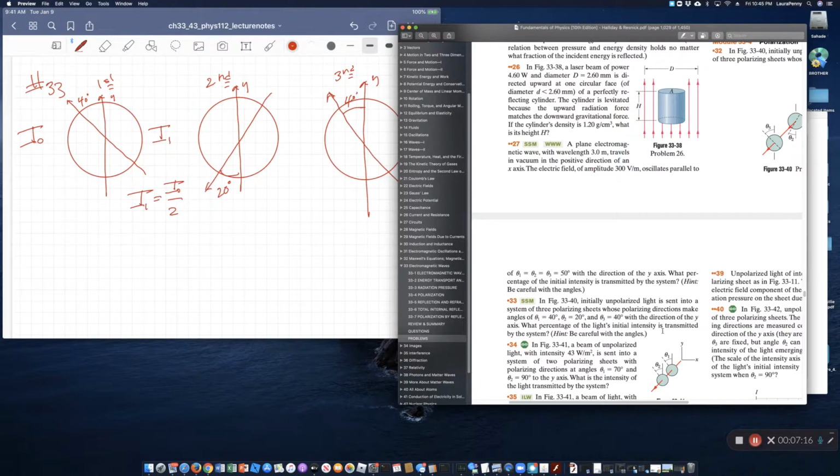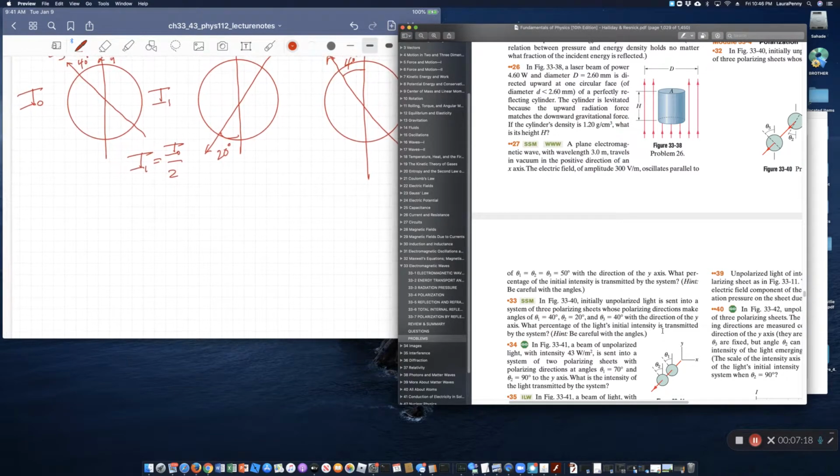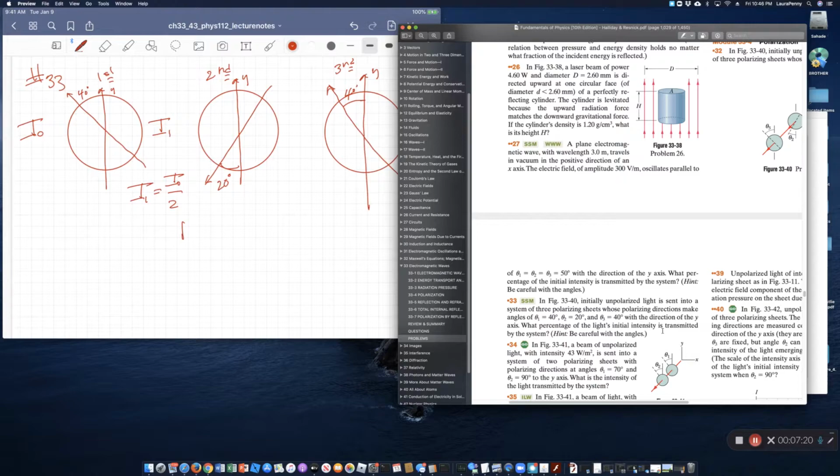But then when we go through the second polarizer, we know that I2 is I1 cosine squared of an angle. What we need to know is the angle between the first polarizer and the second polarizer. So let's just draw those together here. This is just a circle to get this straight in our minds.